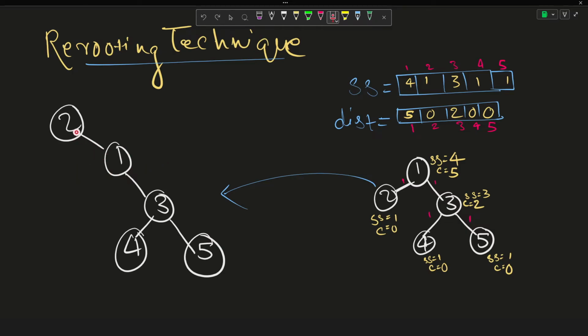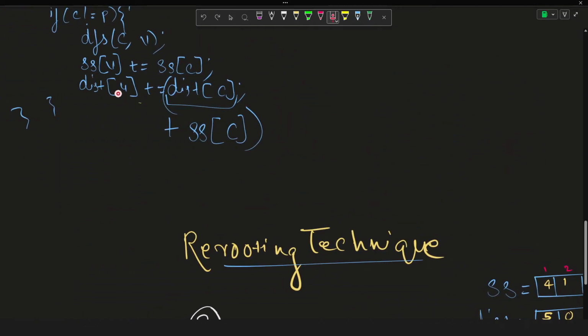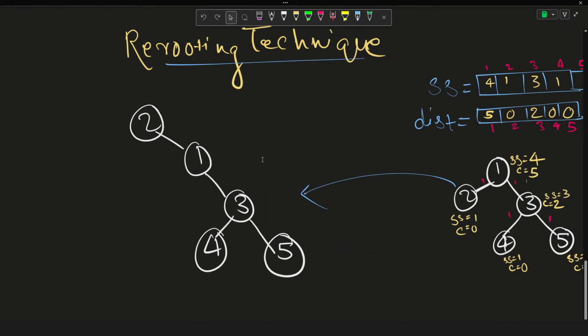And also the distance value for this second vertex will also include the distance value of this first vertex, that is the child, and also the subtree size of this vertex, because this is how we are calculating it for the current vertex. Because now the current vertex is 2 and we want to calculate it, so we will use the values of its children. And since now 1 is acting as the child of 2, I will be using both of the values of this 1 in order to calculate it for 2, right?